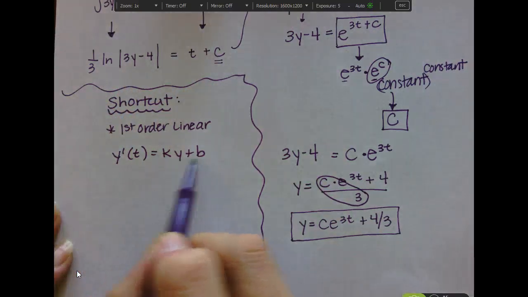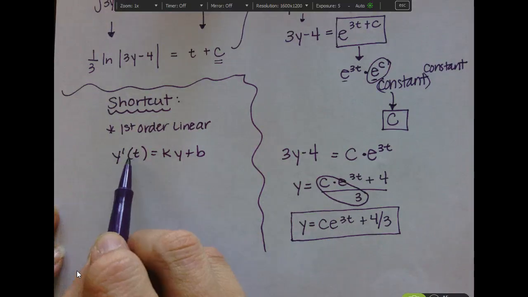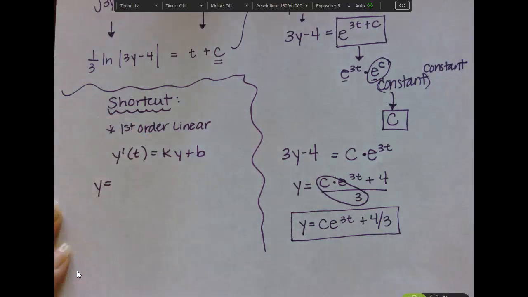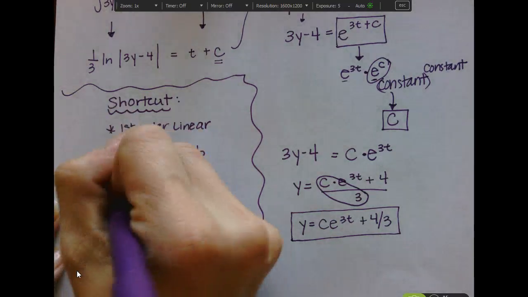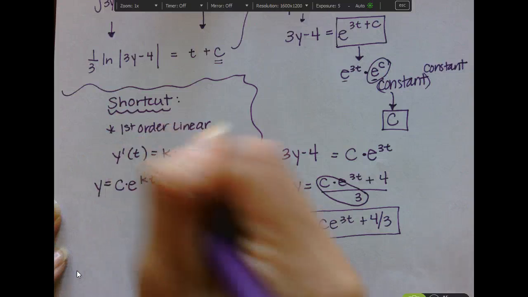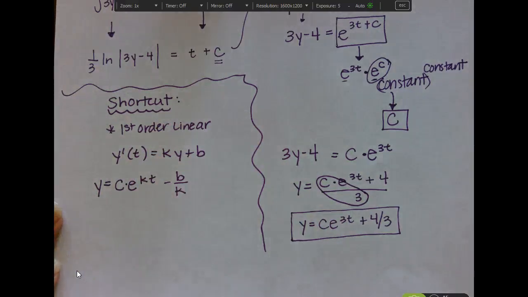Again, it's linear, we can tell based on the way that this is written, and then it's first order based on first derivative. Then your general solution is always going to be in the form y equals c times e to the kt power minus b over k, where b and k are specific values.